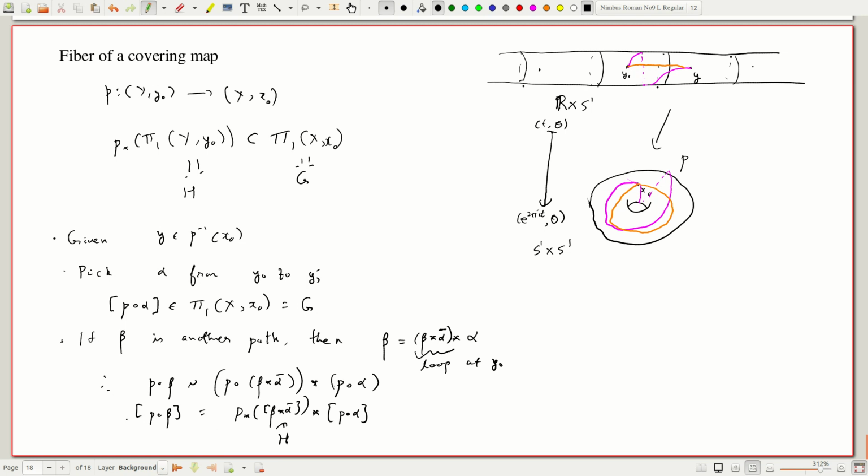So suppose we call this g prime and suppose we call this g. So thus what we know is g prime is h times g. That is, we get a well-defined right coset.